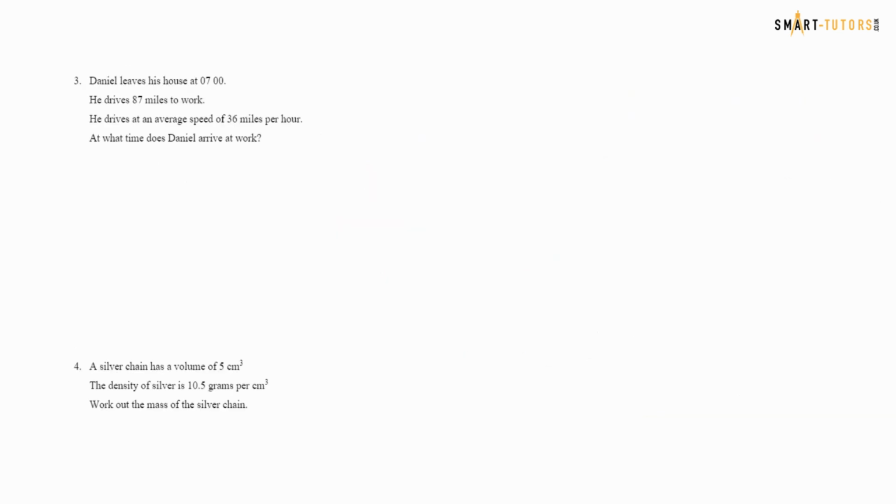So question number 3. Daniel leaves his house at 7 o'clock. He drives 87 miles to work. He drives at an average speed of 36 miles per hour. At what time does Daniel arrive at work? So distance is given, 87 miles, and the speed is given, 36 miles per hour.